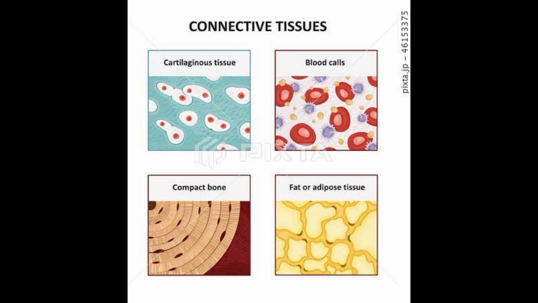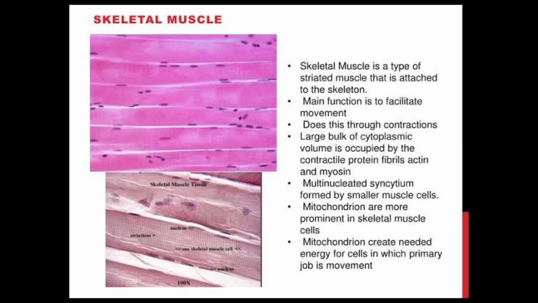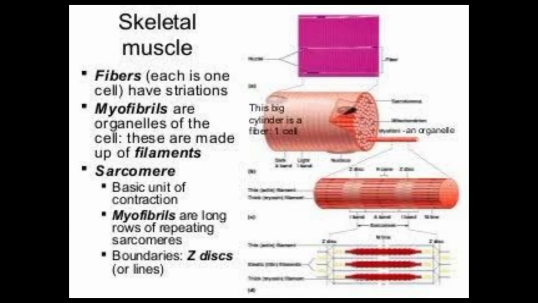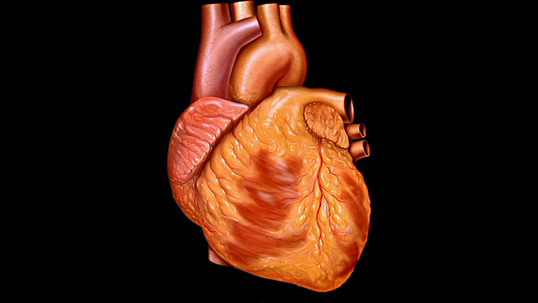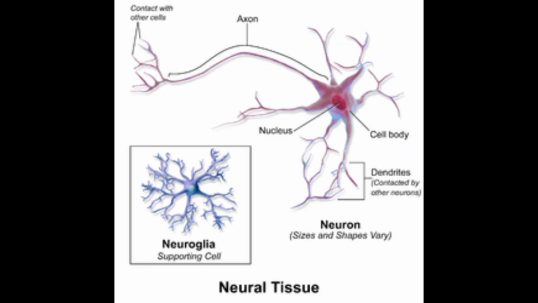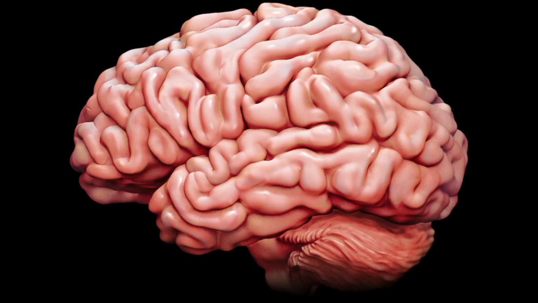Some transport and store materials. Examples include bone, cartilage, and adipose tissue. Muscle contracts to produce movement. Examples include skeletal muscles and the heart. Nerve tissue generates and transmits impulses to regulate body function. Examples include the brain and the nerves.